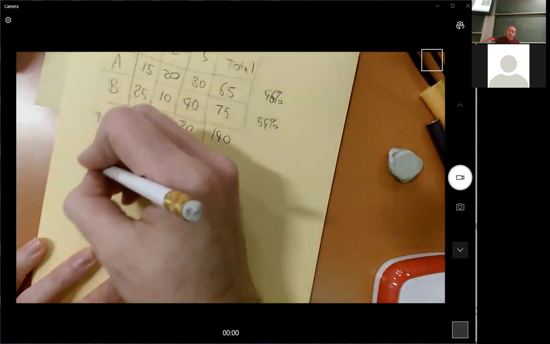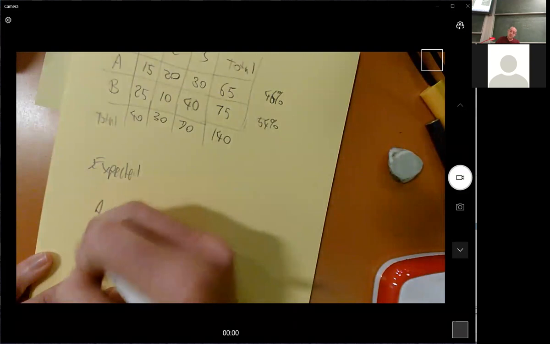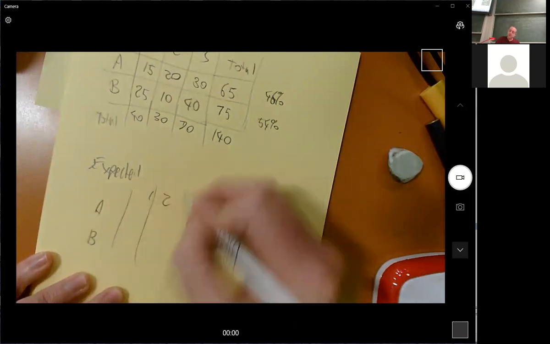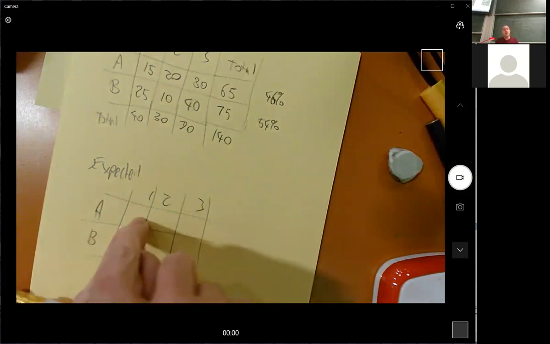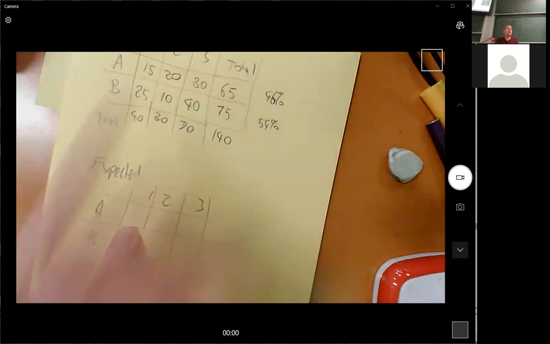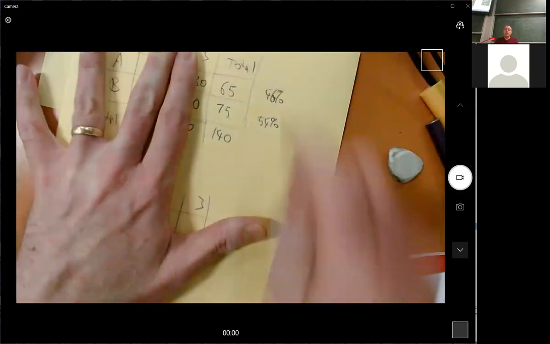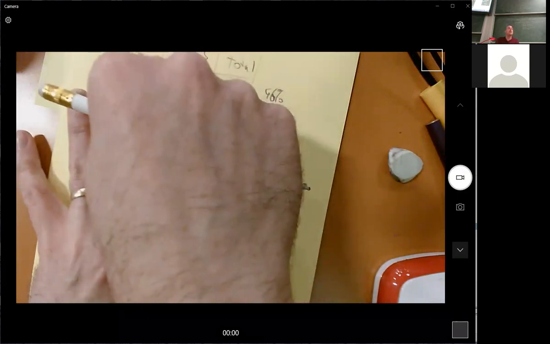So we're going to go expected. I would expect here for 46% of those 40 people to end up in this spot. Because 46% of them are A's, so I should expect 46% of these people to be A's as well.